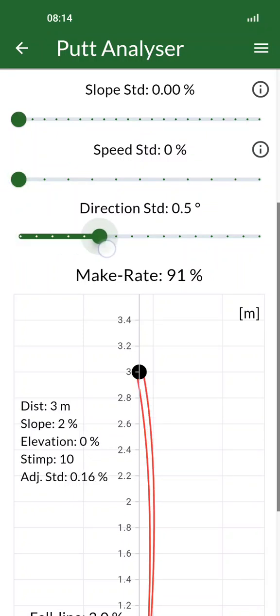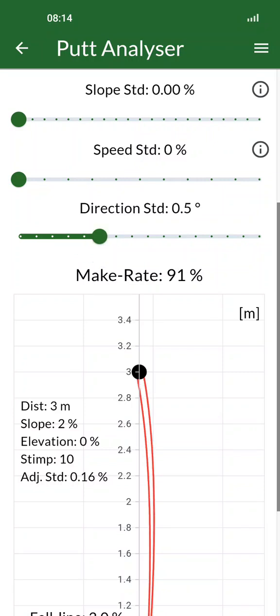And direction, about 0.5 degrees, which also gives a make rate considerably higher than slope. So for this specific putt, with my standard deviations, slope is a lot more important than both speed and direction, and speed and direction are relatively similar in importance.